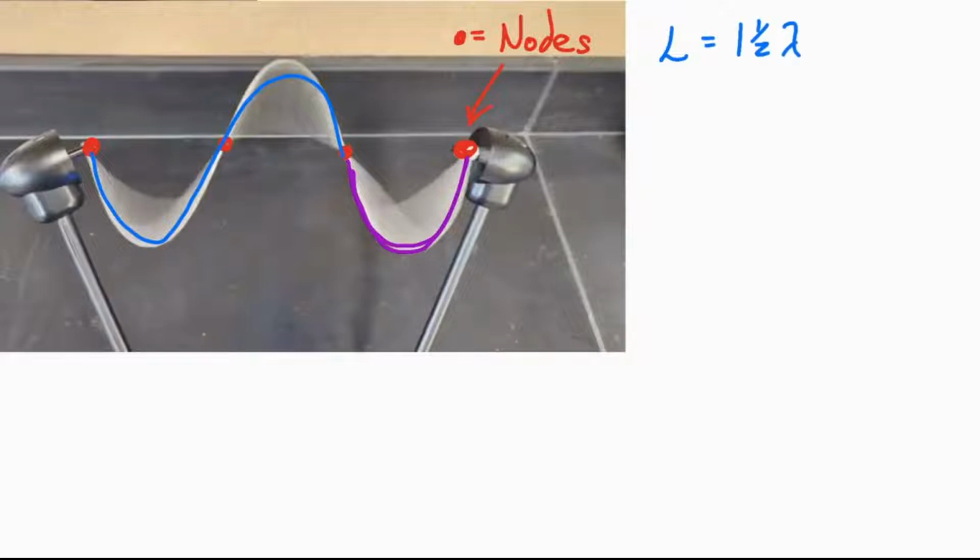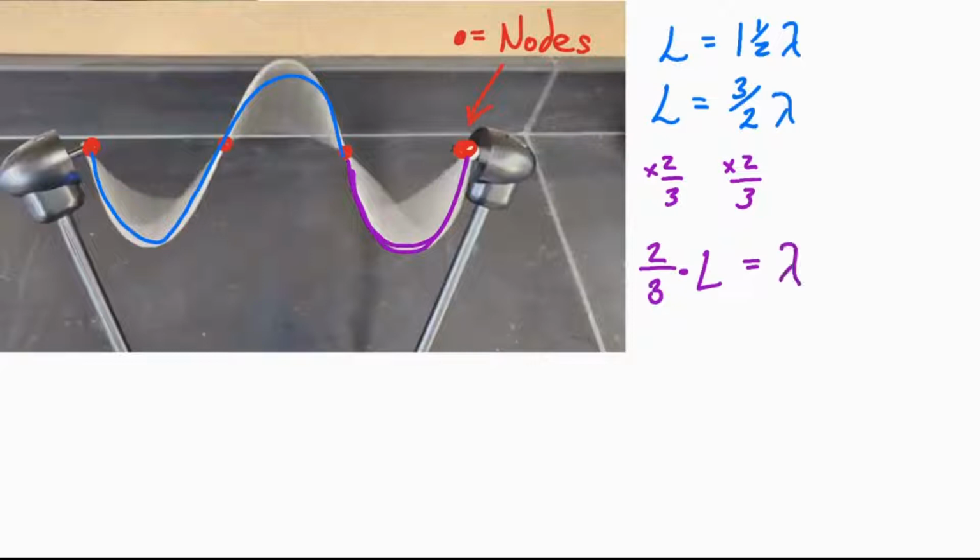Now I will warn you, I would do this in fractions, like say length is equal to 3/2 of a wavelength. Because what we're going to do next is solve for that wavelength. So the easiest thing to do is leave it in fraction form, because then I can go times 2 divided by 3 on both sides. And then I have 2 divided by 3 times L is equal to my wavelength. So I can figure out my wavelength if I know the distance L, and I know that there's 3/2 of a wave here.